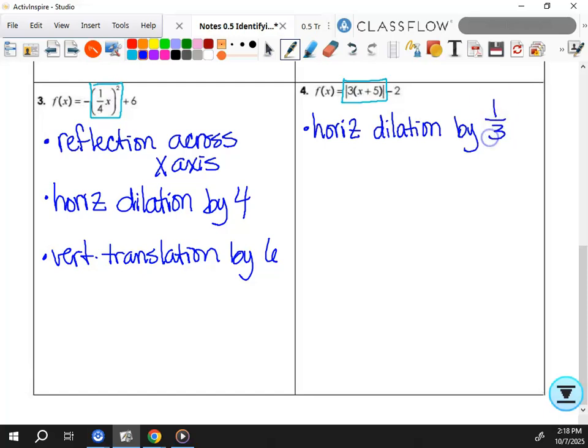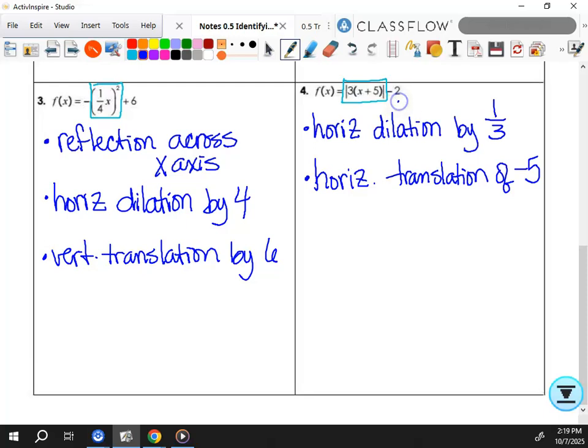Very good, because you got to take the reciprocal. Okay. Then that 5, that's inside, so that is a horizontal what? Translation of -5, because x is a liar.